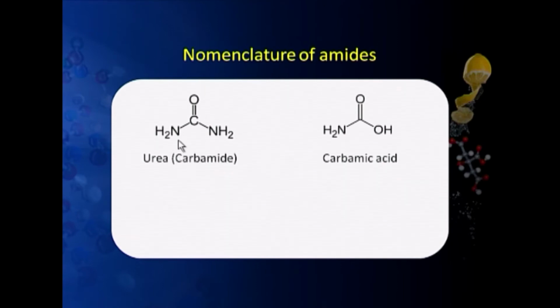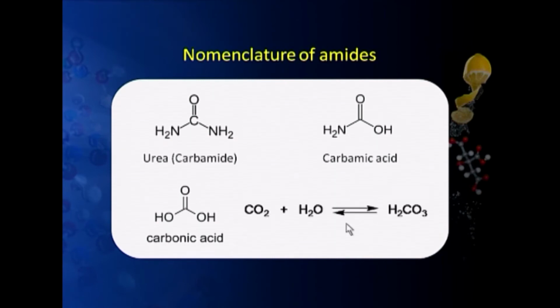So, we can say urea is the amide of carbamic acid, but carbamic acid itself is the amide of carbonic acid. Carbonic acid has these 2 hydroxyl groups. Actually carbonic acid is the solution of carbon dioxide in water, H2CO3. So, when the 2 hydroxyl groups are displaced by NH2 groups, then we get urea. So, urea is also considered as an amide.